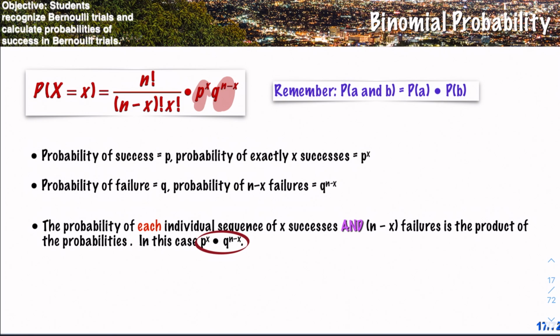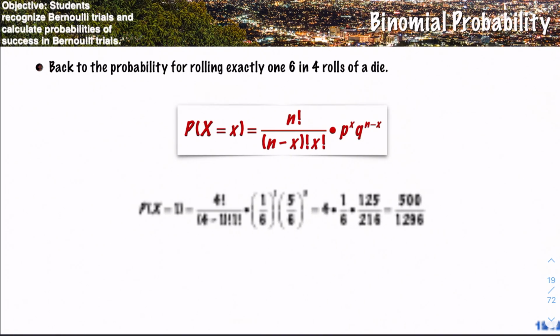The probability of each individual sequence of x successes and failures is the product of the probabilities because they're independent. In this case, it would be p to the x times q to the n minus x. So back to the probability of rolling exactly 1 six in 4 rolls.